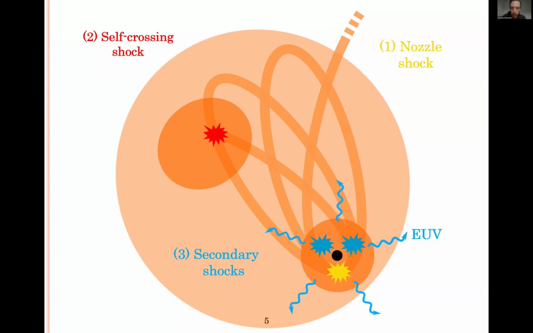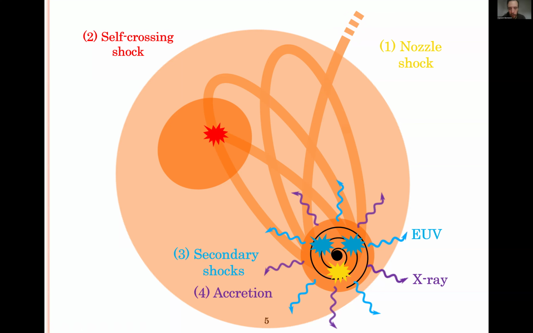Right, so now that an accretion disk has formed, accretion will proceed like in other accreting systems, and this will lead to additional X-ray emission. And in this case, the optical emission in this picture is coming from the fact that this high-energy X-ray and EUV radiation have to propagate through this envelope that is very optically thick, and by doing so, these photons get absorbed and re-emitted many times in a process called reprocessing.